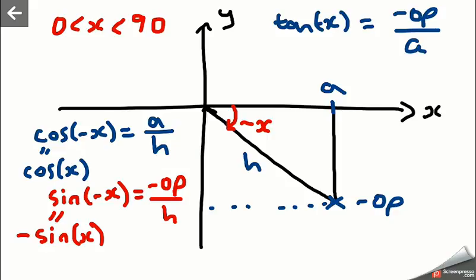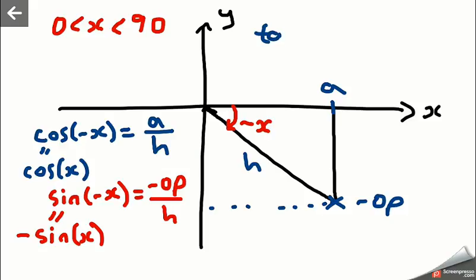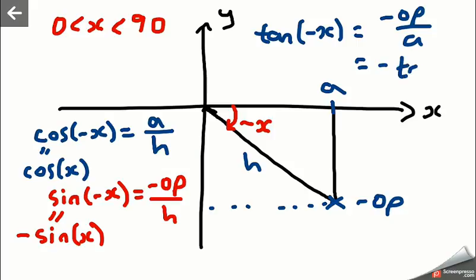Hopefully you can see that negative sign. Tangent of negative x is equal to negative OP divided by a, which is equal to negative tangent of positive x for x between 0 and 90 degrees.